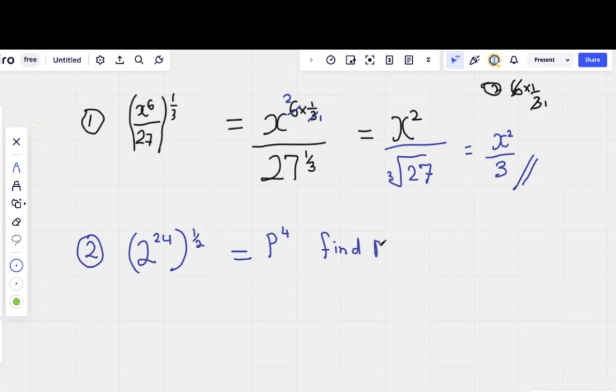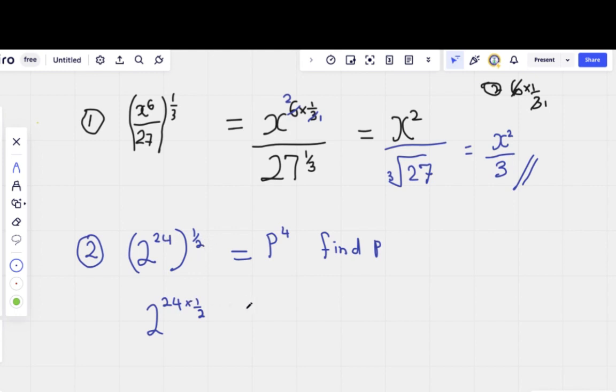So first and foremost, 2 to the power of 24 multiplied by half. Right? This is the power law, the third law of indices. So you take the inner power multiplied by the outside power.